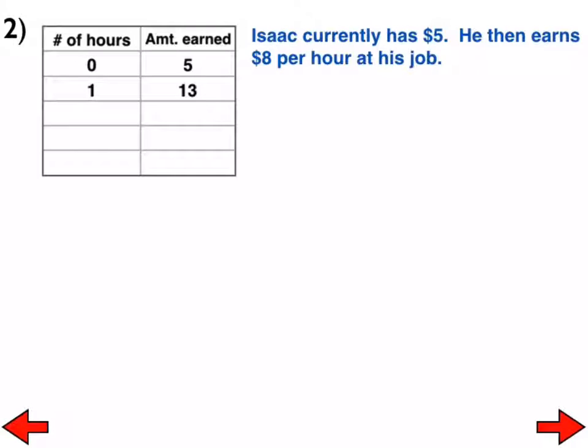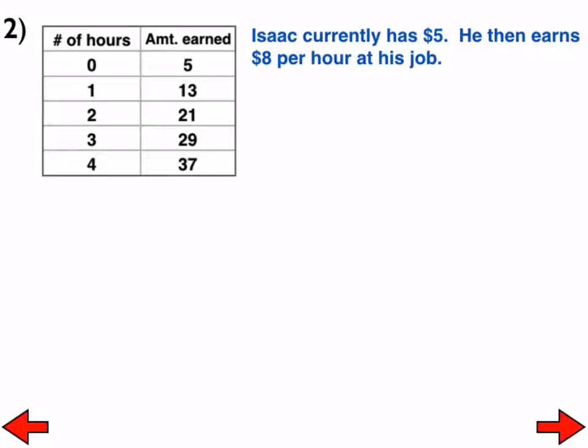Good. After 2 hours of work, how much does he now have? 21. And so on. Go ahead and finish off the table. And of course, that would be 3 hours, $29, 4 hours, $37, and so on.